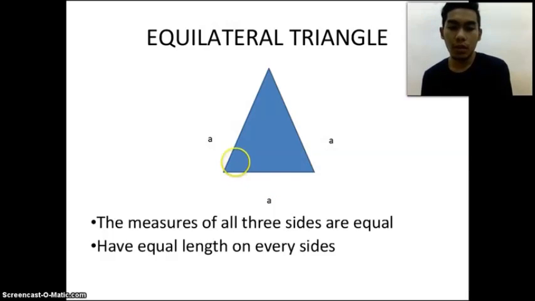So the 3 sides are equal. Some of them say that these angles are 60 degrees, and the other angles are 60 degrees.